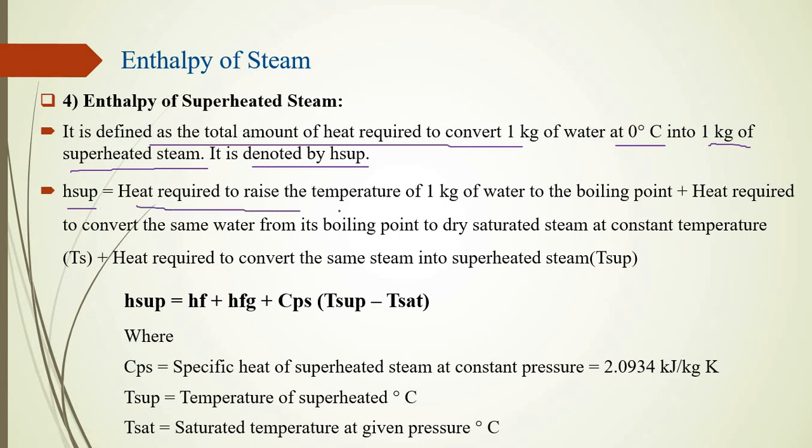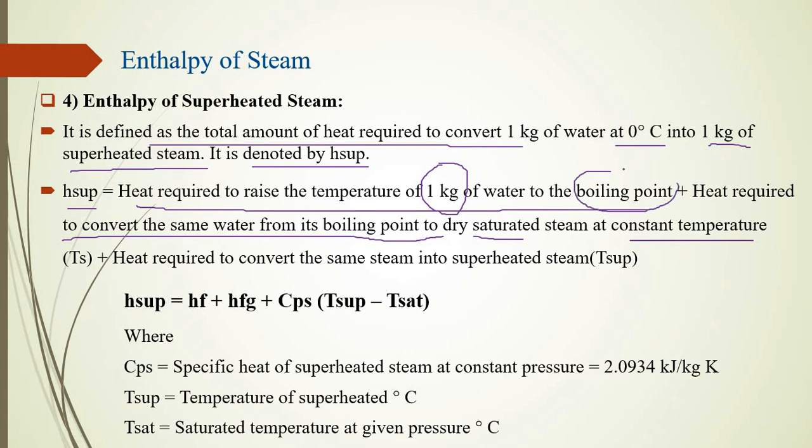Hsup is the heat required to raise the temperature of 1 kg of water to the boiling point, plus the heat required to convert the same water from boiling point to dry saturated steam at constant pressure. First we have to give heat to bring 1 kg of water to the boiling point, meaning 100 degrees centigrade.